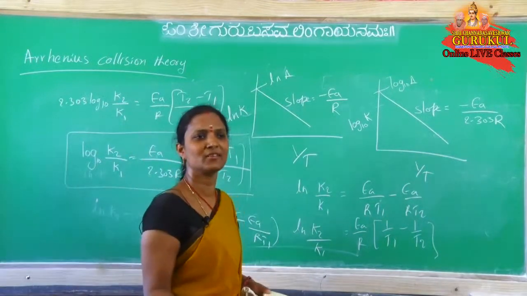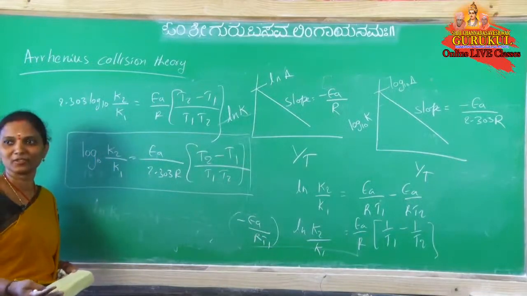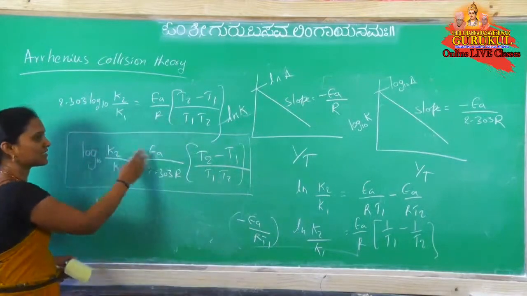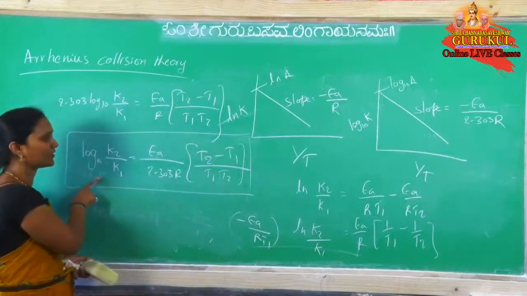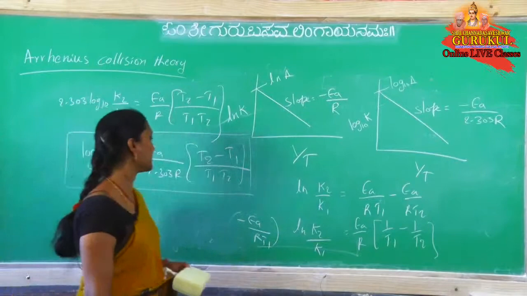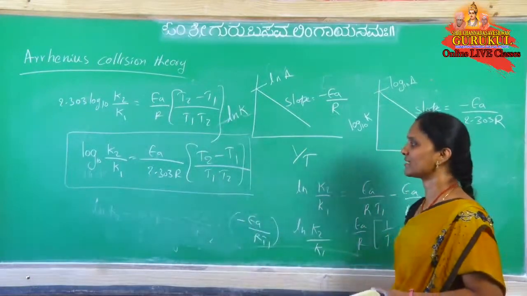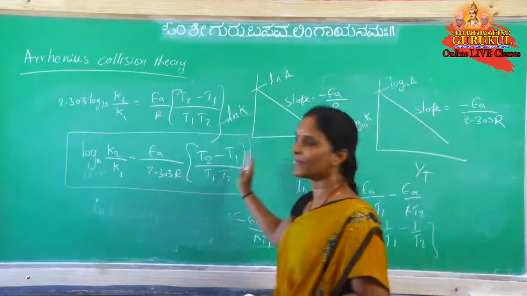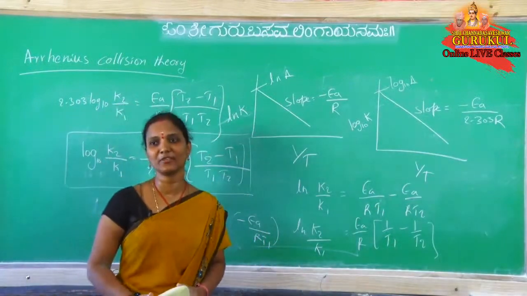Double means 2 times, triple 3 times, quadruple 4 times increased, and then we calculate the activation energy or similar quantities. So this is the effect of temperature on the rate constant, its expression and graphical representation. This is about the Arrhenius equation, collision theory and the effect of temperature.